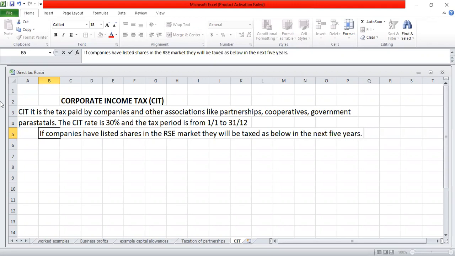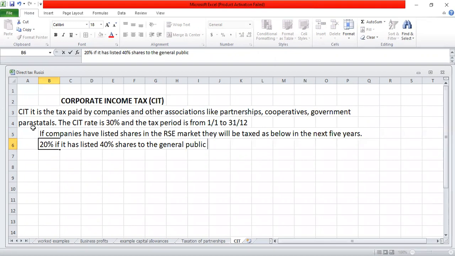Although the normal CIT rate is 30%, if a company has listed shares on the Rwanda Stock Exchange market, it receives a tax discount. So it will be 20% if it has listed 40% shares to the general public. That is number one.